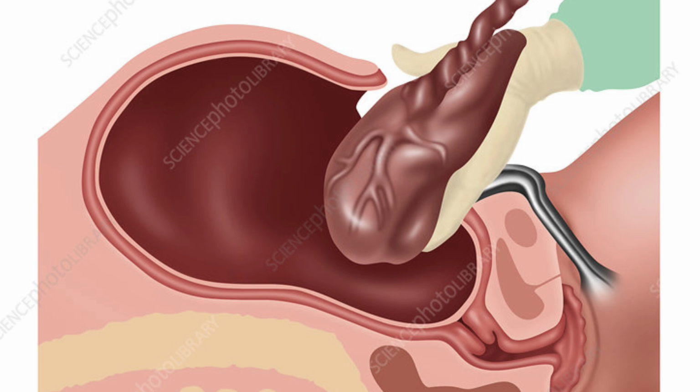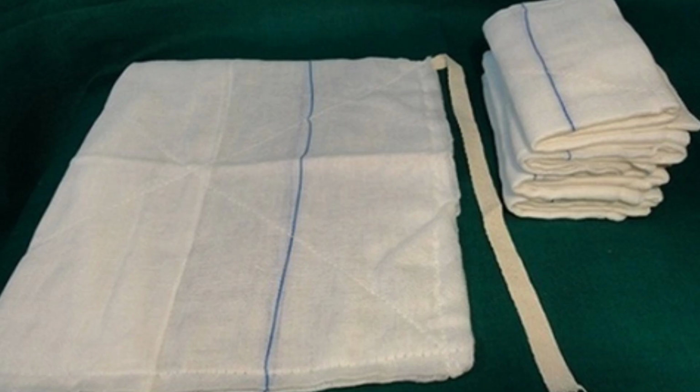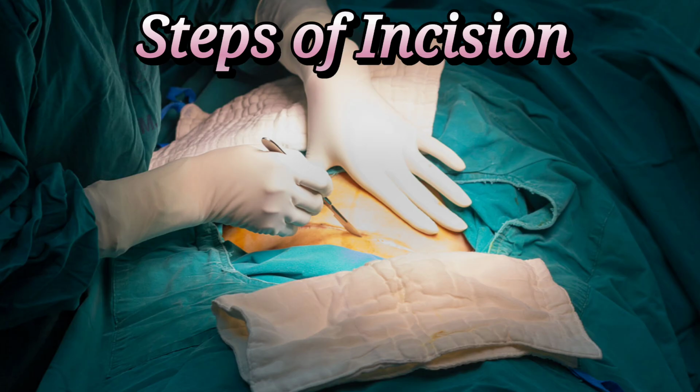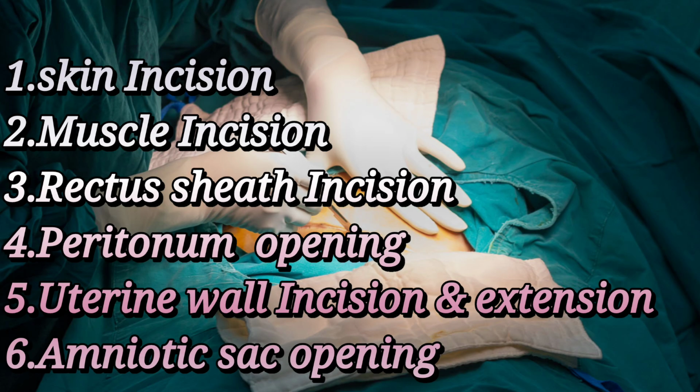The doctor will do the placenta removal. After placenta removal, the doctor will clean the uterus with the help of a mop. Once again, I will explain the steps of incision. First, skin incision. Secondly, muscle incision. Third, rectus sheath incision.